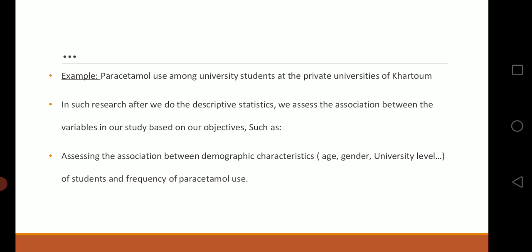Okay, these are the two hypotheses that are assumed for each association or each difference that needs to be assessed in the inferential statistics.